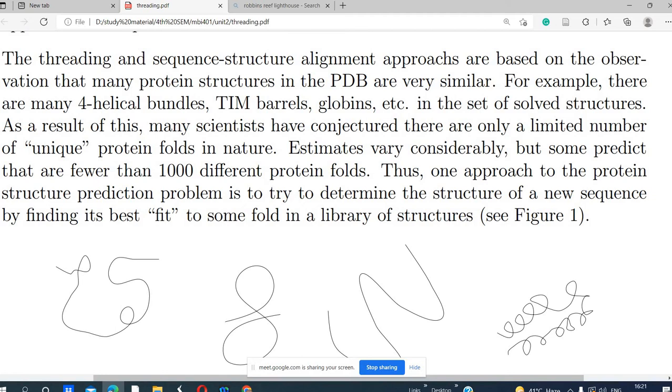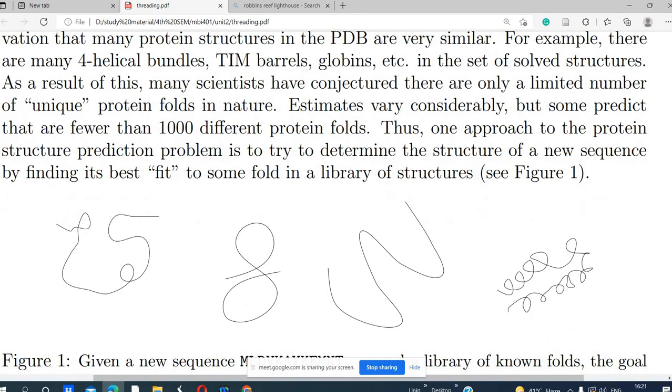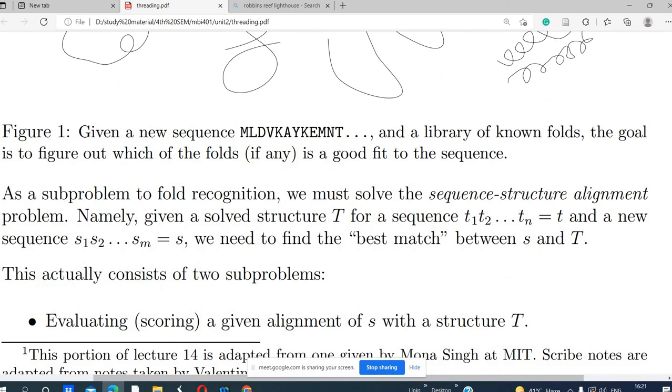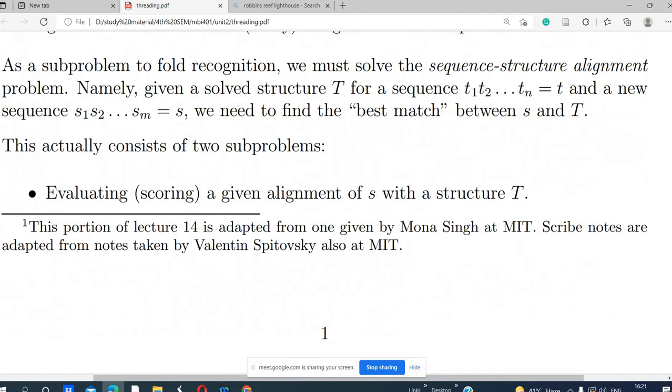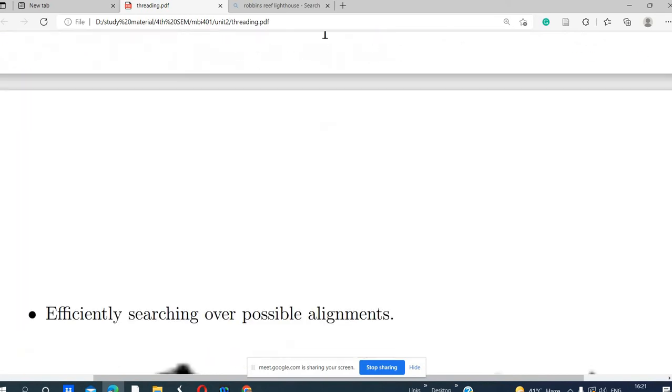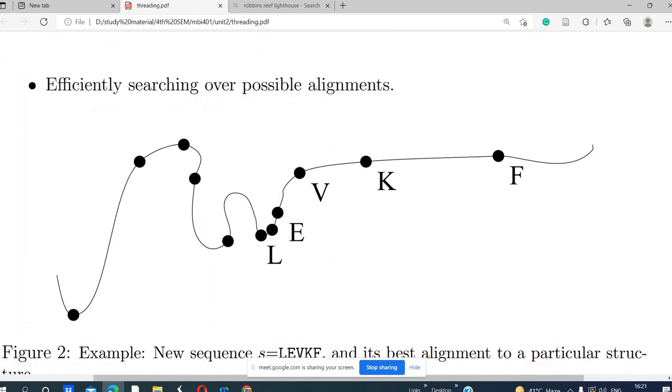Sequence alignment is also important, but we also take the folds into consideration. Given a new sequence, we align it with the library of known folds. It consists of two sub-problems: evaluating a given alignment of S with the structure T, and efficiently searching over possible alignments.